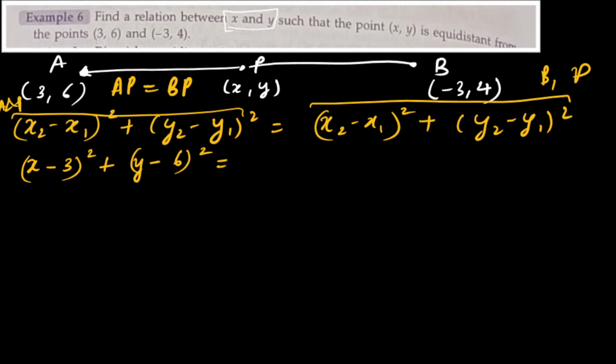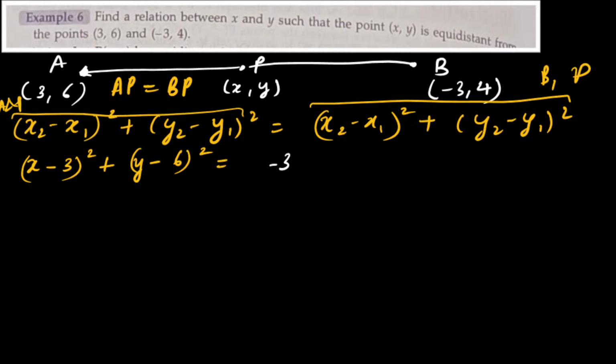This side, x2 is minus 3. Anything you can take as x2, so minus 3. Yes, there are two unknown values, that's why the last expression will be in the form of x and y.